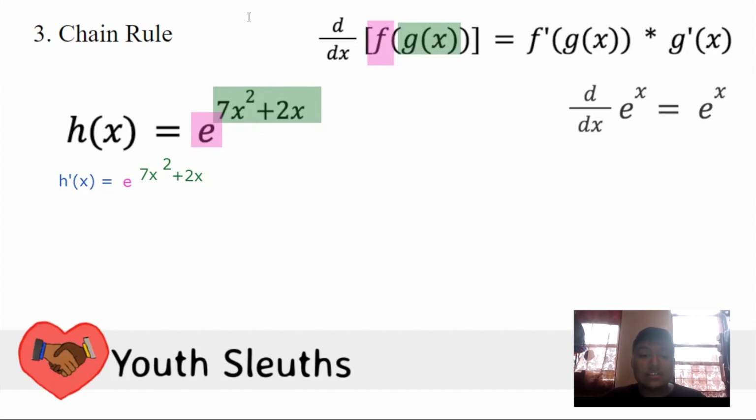But then we have our second part. So then we multiply g prime of x. But in the beginning, we identified that g of x is 7x squared plus 2x. So here we have 14x plus 2.